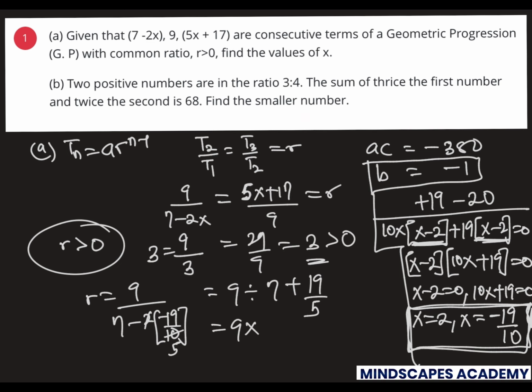So this is 9 multiplied by 35 plus 19, which is 54 over 5. So that is 5 over 54. Whatever this is, this will be greater than 0. So that shows these two values are correct. x equals 2 and x equals negative 19 over 10 work for our common ratio to be greater than 0.